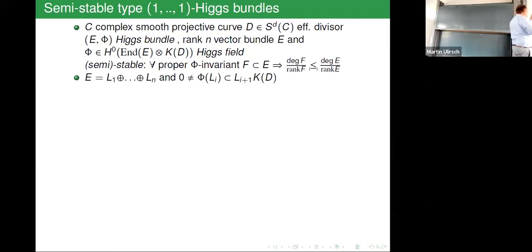So the image of the i-th line bundle should be in the (i+1)-th line bundle, and this also has to be nontrivial.